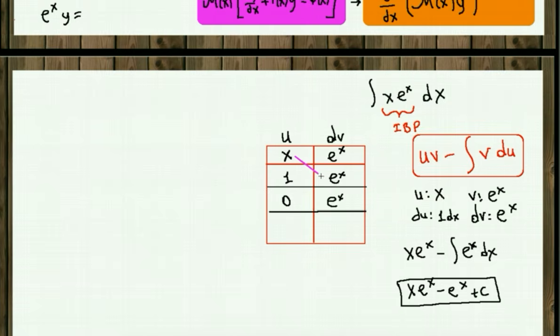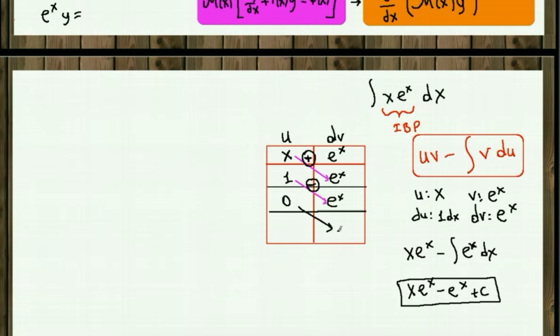And now we're going to make our arrows. Starting from plus, minus, alternatively plus, minus, plus, minus. And we need to stop here because 0 times anything is 0, so it doesn't make sense.